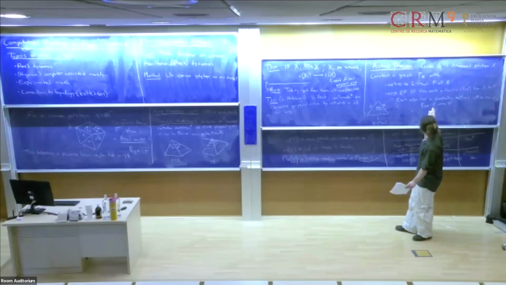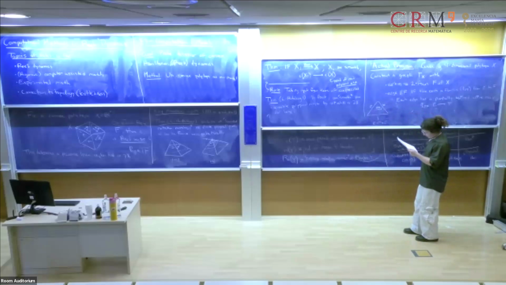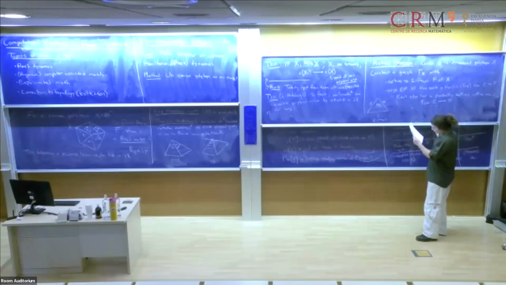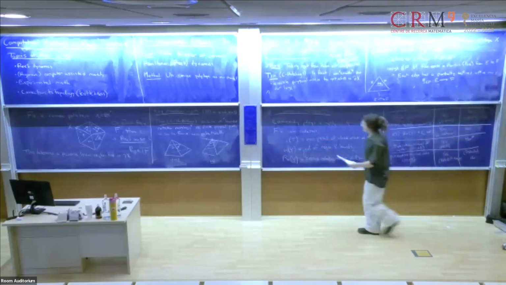So that's why I used the word partially defined. But you can check it's just some nice affine map for the points that do reach F. Okay, so we now have this graph.